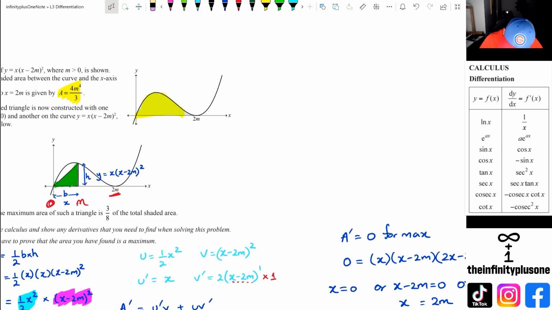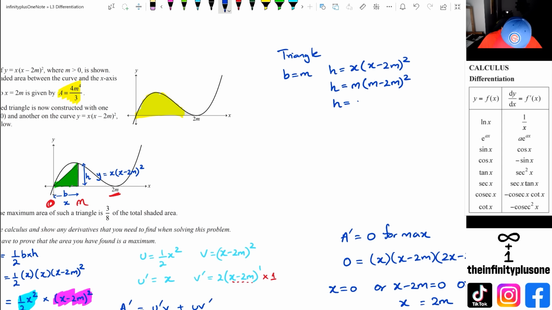Now we know that for the triangle, I've got base is equal to m and the height equals x. I've got height is equal to x times x minus 2m squared. Now because the x value is equal to m, I can say this is m times m minus 2m squared.